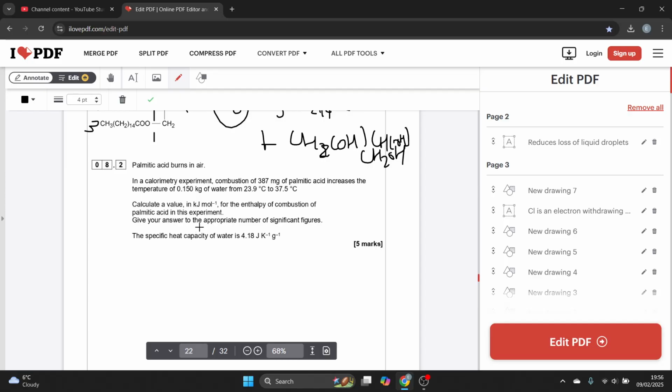Calculate the value for the enthalpy of combustion of palmitic acid in the experiment. So delta H is Q divided by the number of moles.